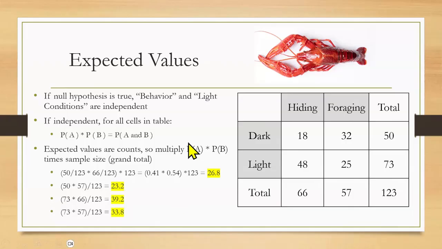All right, so in our test for independence, we're going to have a null hypothesis that these two variables are independent from one another. Right, so behavior is independent of light conditions. Right. So our knowledge of probability math tells us if these variables are independent, then for all cells in the table, the probability of A times the probability of B should equal the probability of A and B. All right, so we've done these calculations, we've done the multiplication for a couple of examples already.